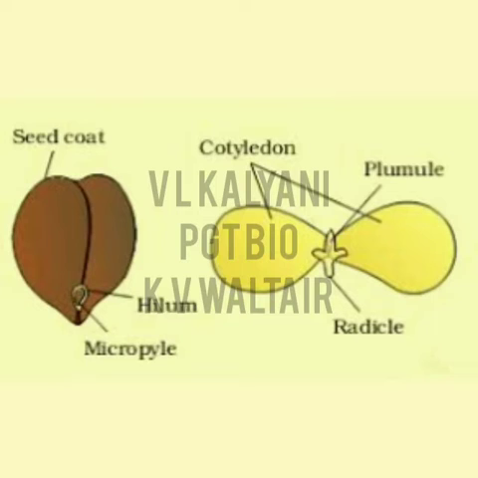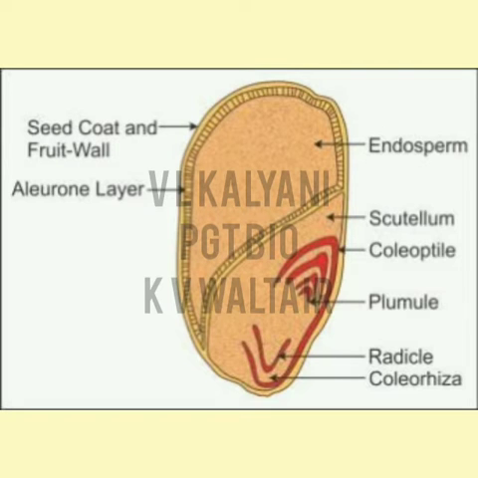Because before seed germination, it needs to absorb oxygen and also water, and it will help in the germination of the seed. So entry of oxygen and water is helped by the small pore in the seed coat, which is nothing but the micropyle of the ovule.